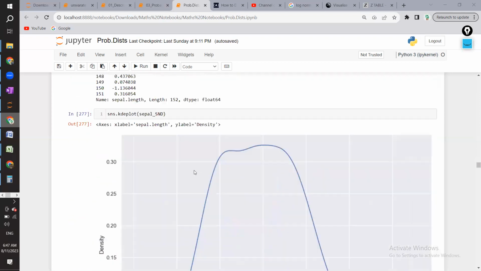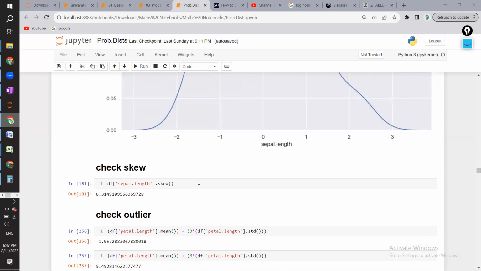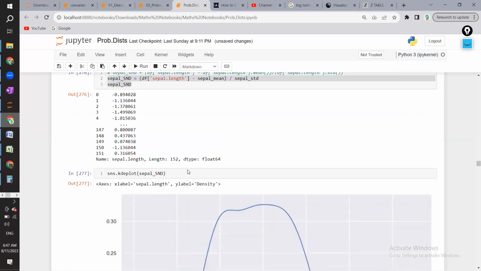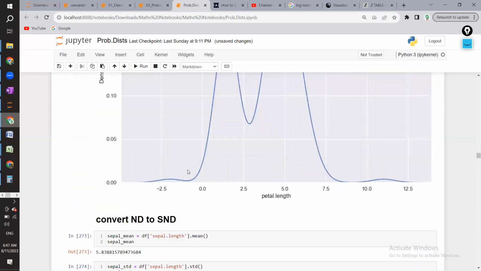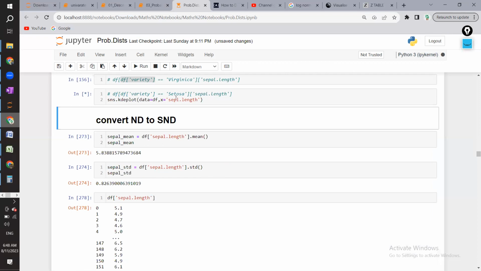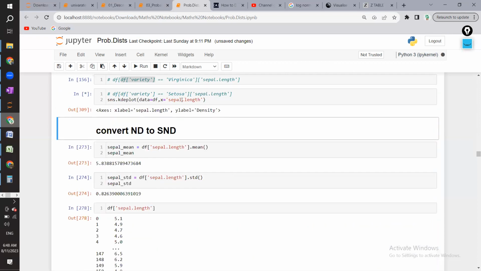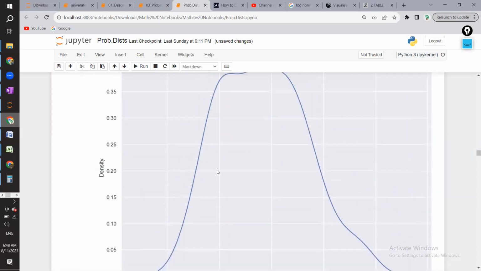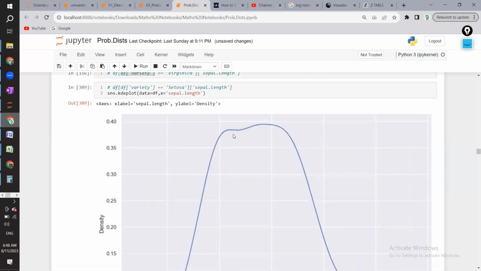But how much is the skewness? If you want to know, it's very simple. You can do this: the data frame d dot sepal length dot skew. This is the skewness which the sepal length is having. And what does the sepal length diagram look like?